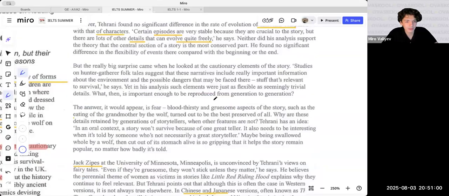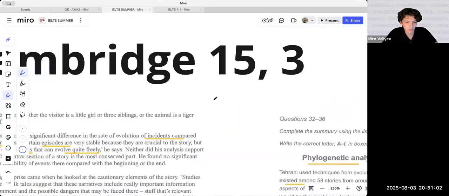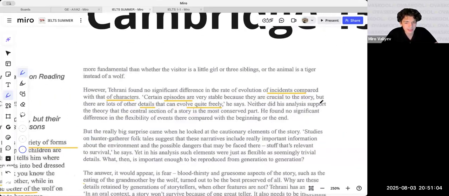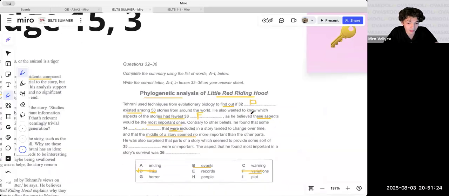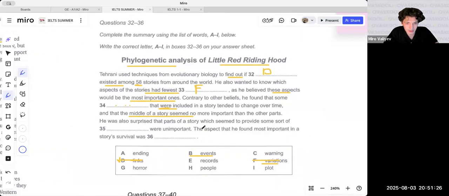Now take a look. Oh, wait. Neither did his analysis support the theory that the central section, the middle part of a story, is the most conserved part. So the central section is not the most important section in the story, is what he says. Now let's take a look.